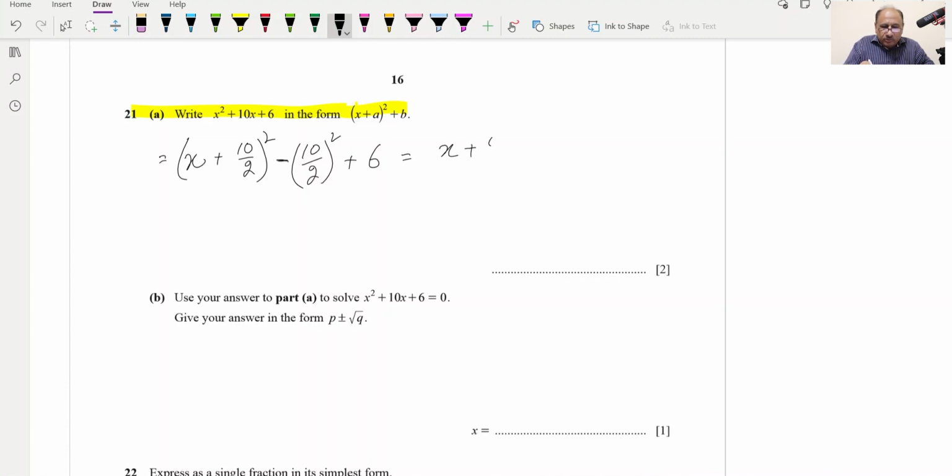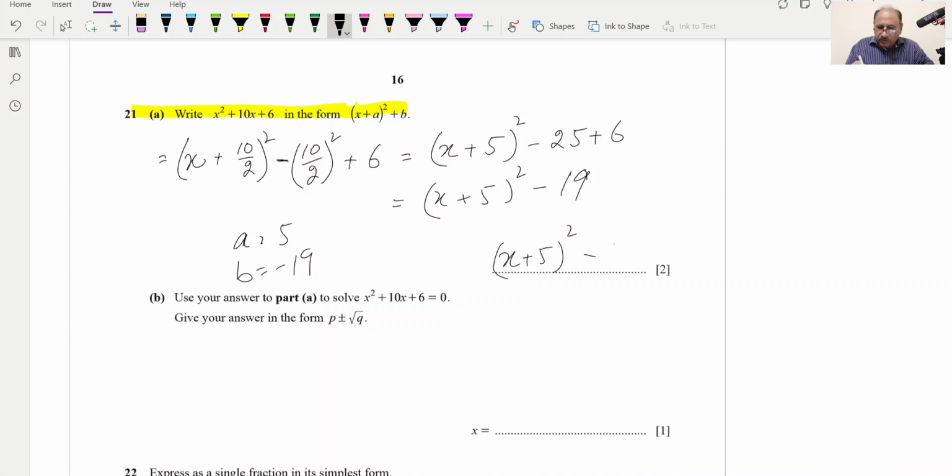X plus 10 by 2 is 5, so we can write 5 squared, minus 5 squared will be 25, and plus 6. So this will be equal to x plus 5 squared minus 25 plus 6, and minus 25 plus 6 will be minus 19. So a value is 5 and b value is minus 19, and the answer we can provide in this format: x plus 5 squared minus 19.